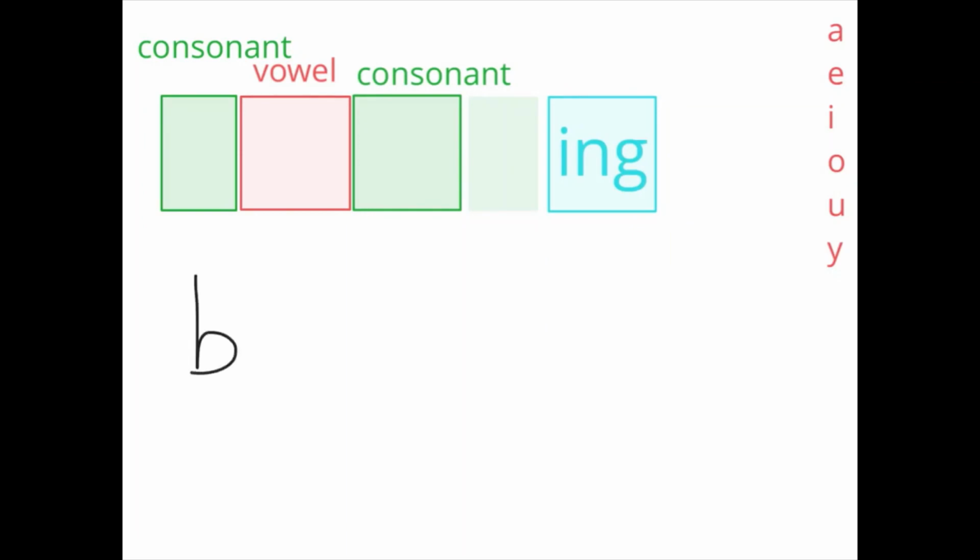For the word begin, we can see that we have a vowel here and we have a vowel here. That means there are two syllables in this word because each syllable can only have one vowel sound in it.